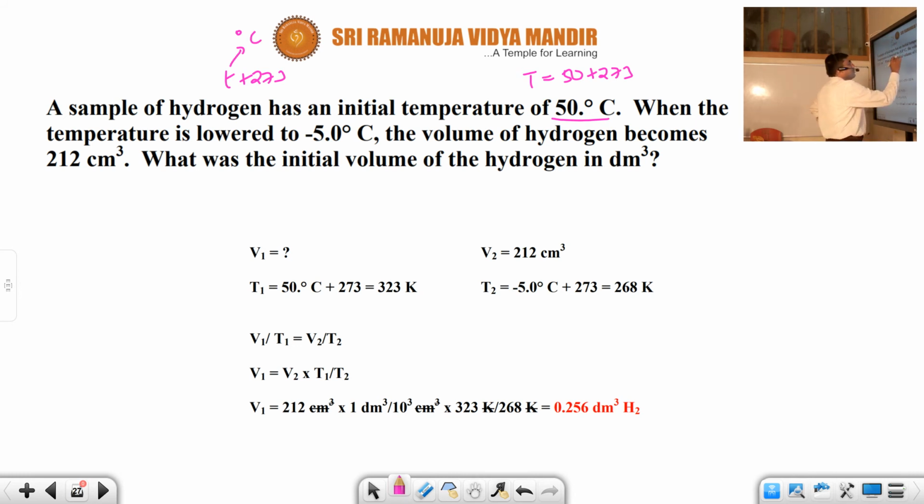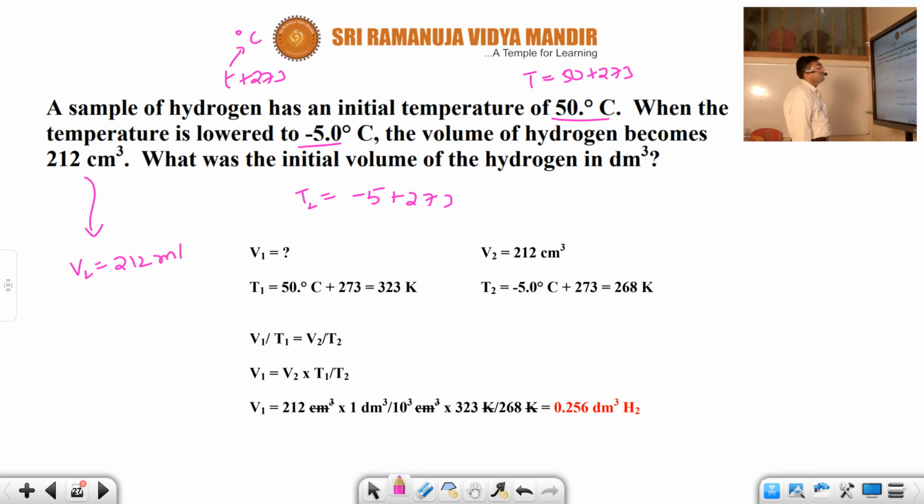Now, when the temperature is lowered by minus 5, that means T2 is equal to minus 5 plus 273. Volume becomes 212 ml. That means V2 is equal to 212 centimeter cube, means you can write in ml, so cc. Naturally, initial volume V1 you have to calculate, but initial volume is not given. So V1 you calculate, you will be getting 0.256 decimeter cube.